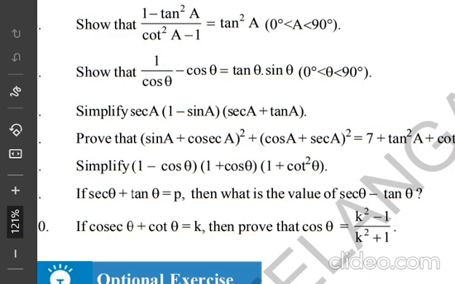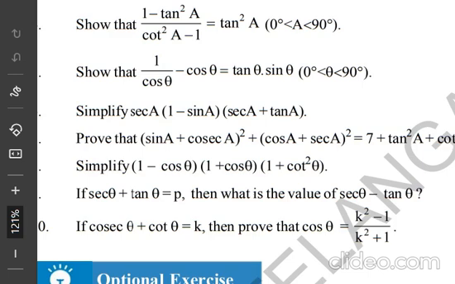Right, so we know that secant square theta minus tan square theta is equal to 1, right? So here, this is in the form of a plus b into a minus b. So secant theta minus tan theta into secant theta plus tan theta is equal to 1.